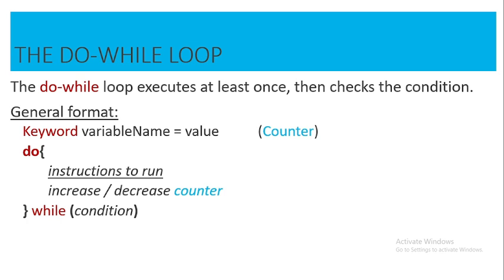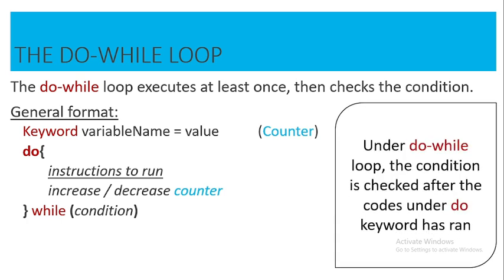After that we end the curly bracket, then the while keyword, and then we put the condition inside the parentheses. So under the do while loop, the condition is checked after the code under the do keyword has run. In this case the do while loop executes at least once before it checks the condition.